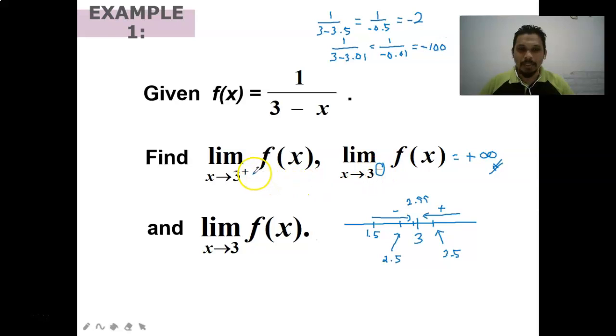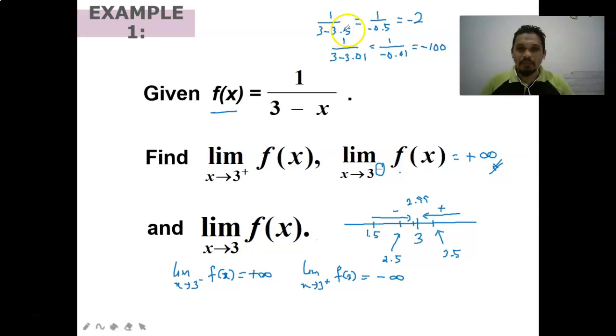So just now, the limit as x approaches 3 from the left of the function f(x), we showed, is approaching positive infinity, and the limit as x approaches 3 from the right side of the function f(x) equals negative infinity.